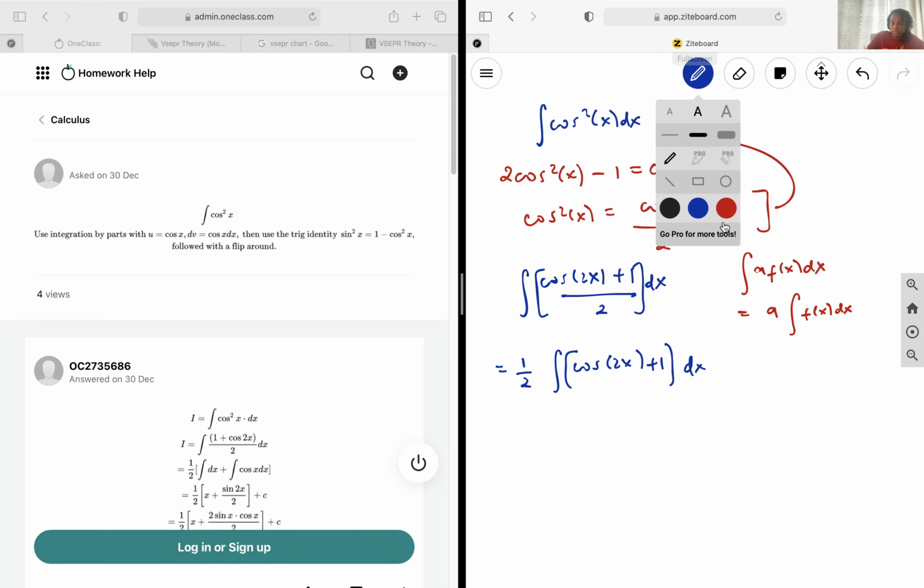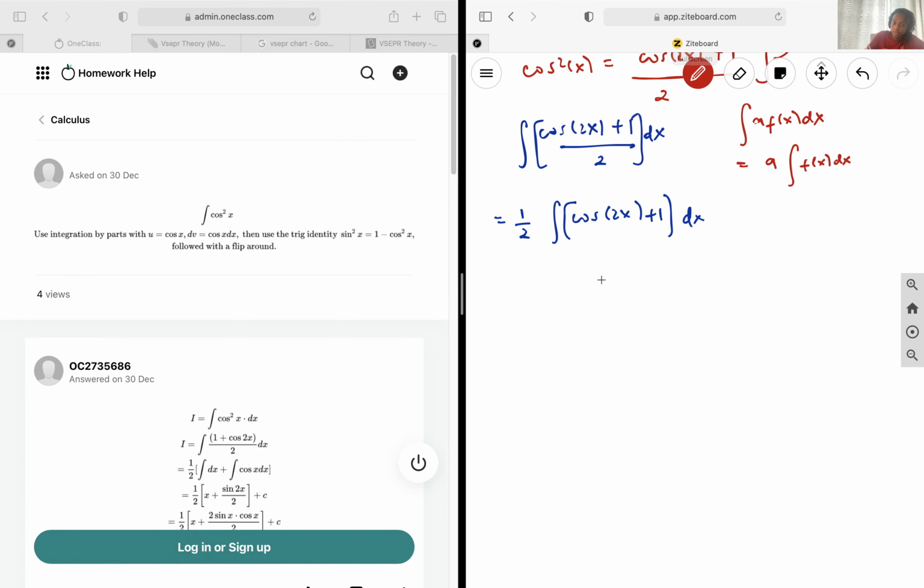Additionally, we'll also be using the additive property of the integral of f of x plus g of x all over dx is going to be equal to the integral of f of x over dx plus the integral of g of x over dx.